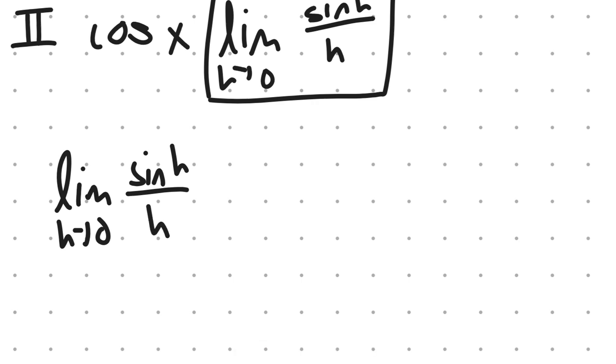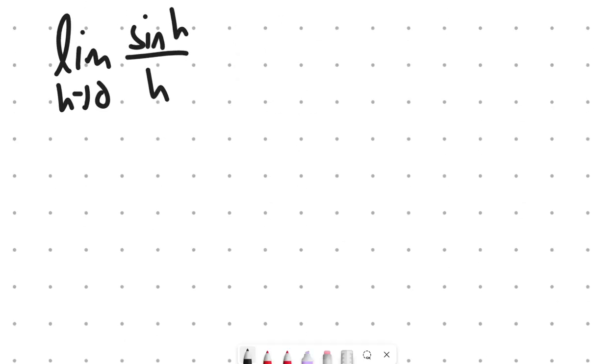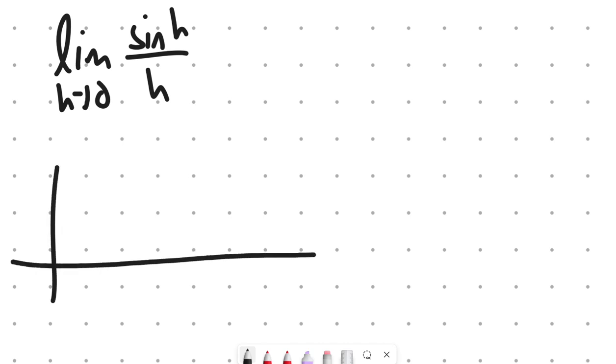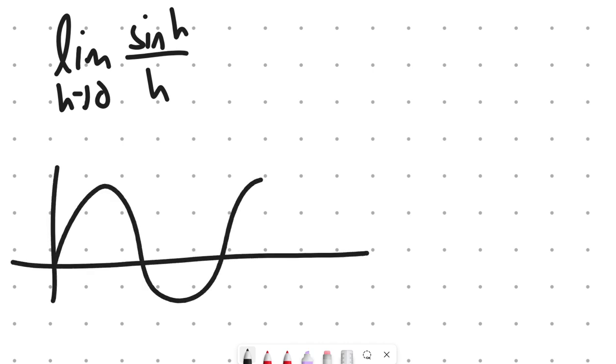Now let's use the squeeze theorem again, and let's look at another graph. So sine of h looks like this, and we will take into consideration that h as a function is always bigger than, let's say, sine of x for h bigger than 0. Now if we take tangent of h, it actually looks like this.